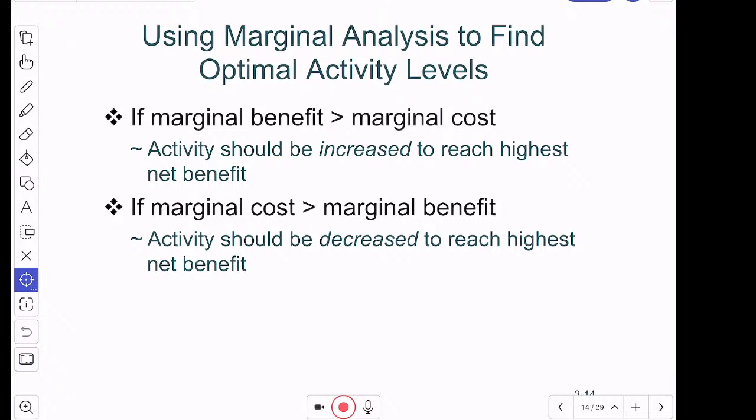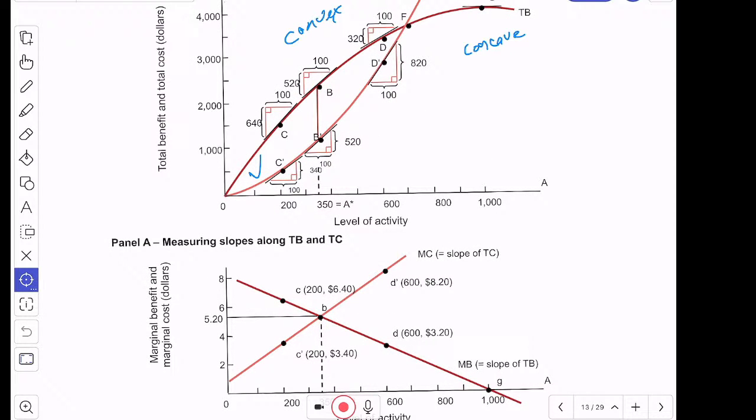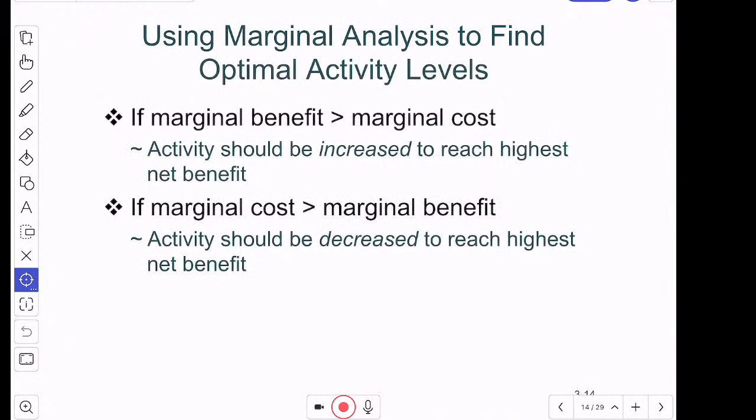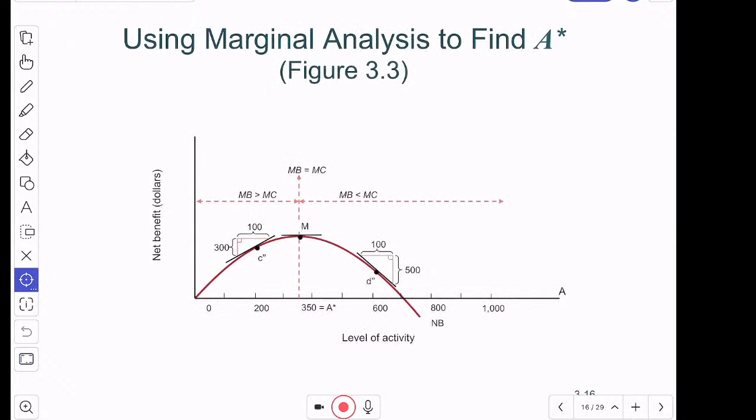If marginal cost is greater than marginal benefit, activity should be decreased. So if marginal cost exceeds marginal benefit, you want less of that per unit. Okay, so the optimal level occurs when marginal benefit is the same as marginal cost, because that will give you the optimum.